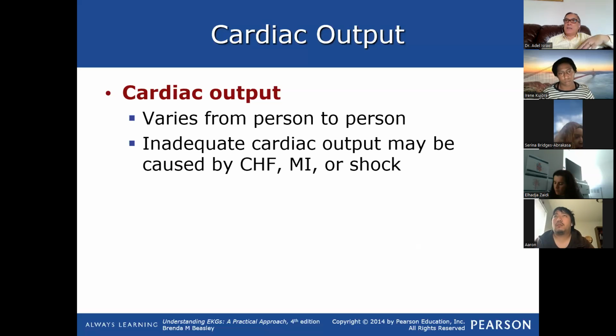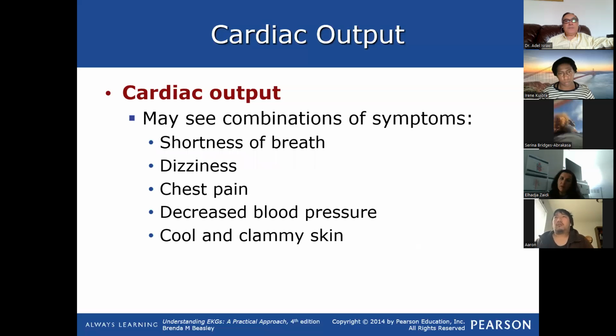We find that the blood coming out of the heart will drop and make the patient feel faint, unconscious, unable to focus, and a lot of problems. You will find these as the symptoms of decreased cardiac output.